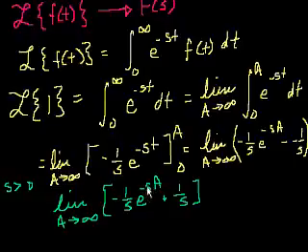E to the minus a googol is a very, very small number, and e to the minus a googolplex is an even smaller number. So e to the minus infinity approaches 0, so this term approaches 0. This term isn't affected because it has no a in it, so we're just left with 1 over s.